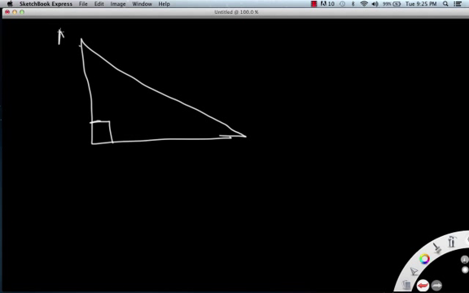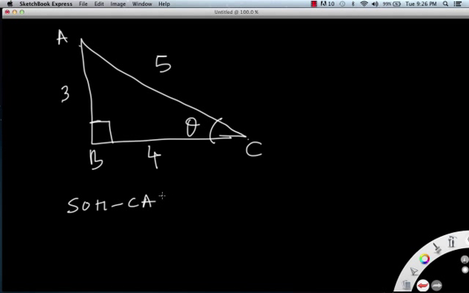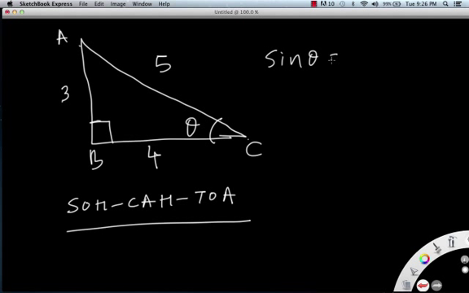So this is a right angle triangle ABC, and the sides are 3, 4, and 5. Calculate the 6 trigonometric ratios for the angle theta. So our mantra is Soh Cah Toa. Sin theta is equal to opposite by hypotenuse, so 3 by 5.